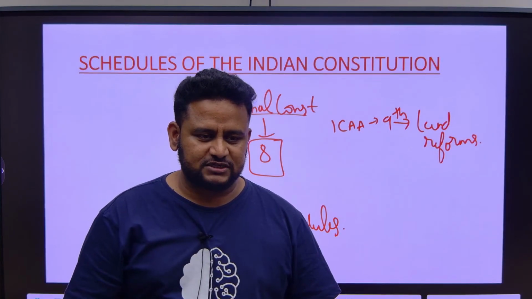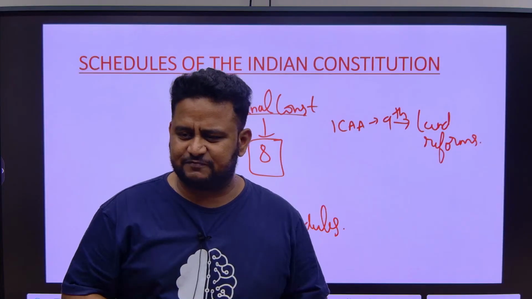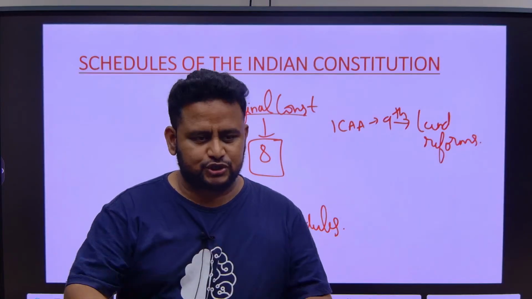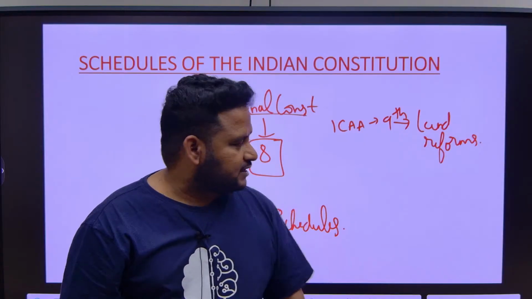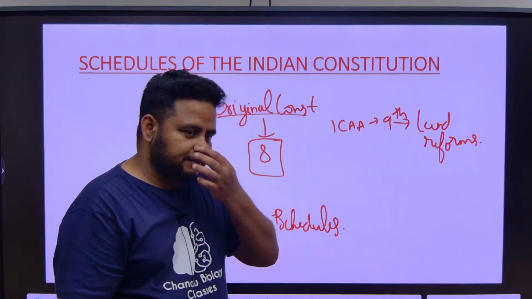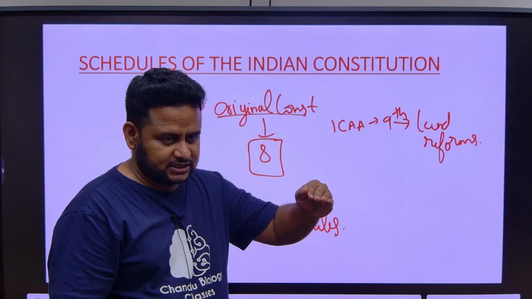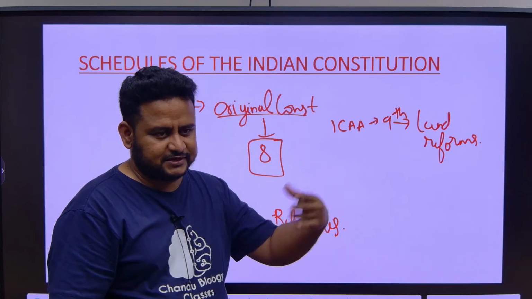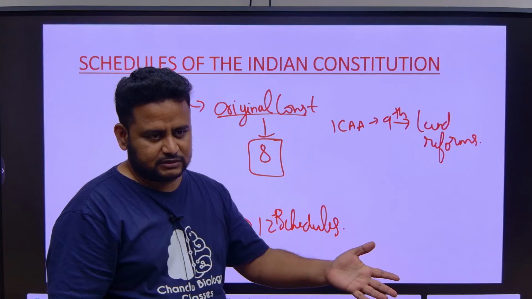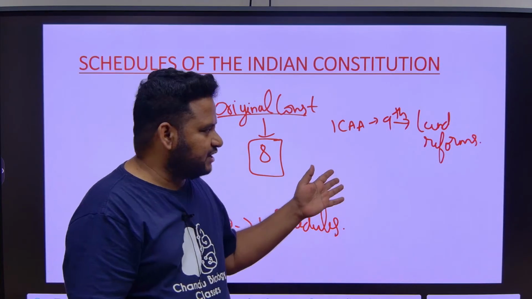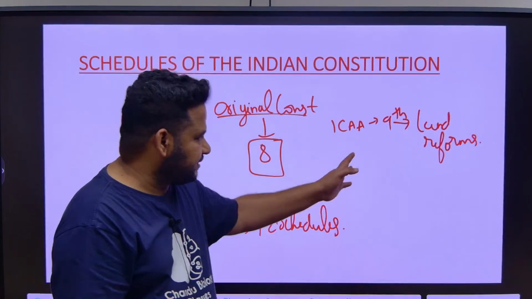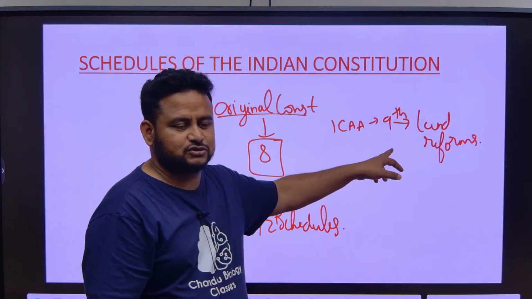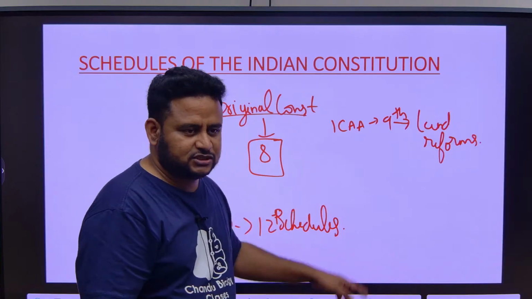There are various policies which created the zamindari system, feudal system and all. So people who used to till the land, who actually worked on the land, did not have any land. Land reforms made sure that a person can have only this much acres of land. Apart from that, he has to give it back to the government. So the main aim of the land reform was land to the landless. That was made, and a new schedule was created, that is called the 9th schedule. This is through the first amendment.